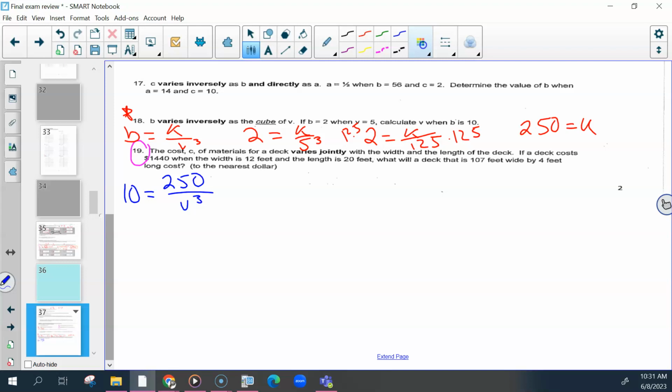To get b by itself, we're going to multiply both sides by b cubed. Divide both sides by 10.